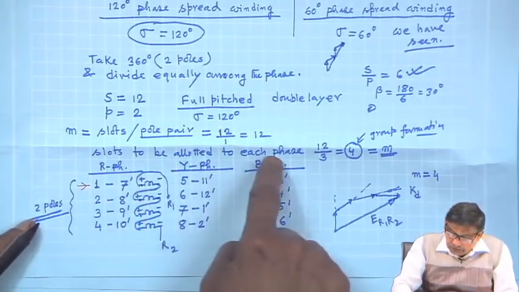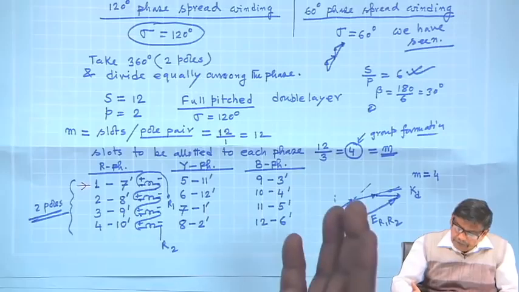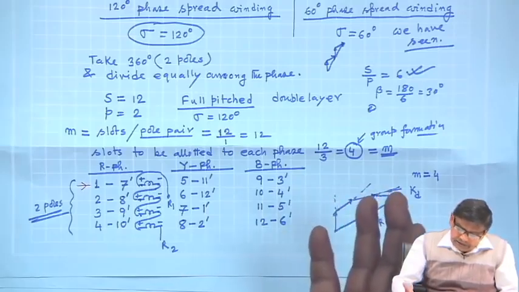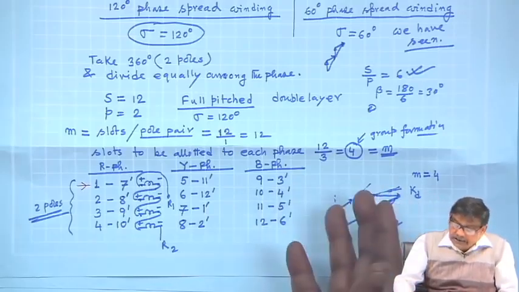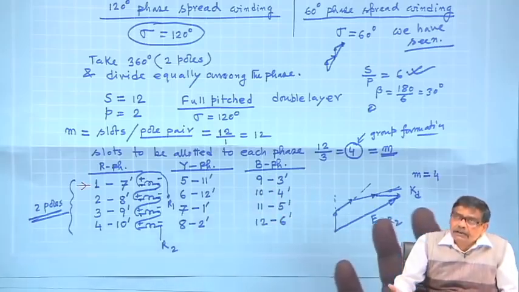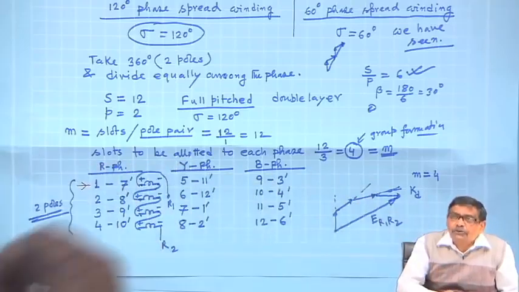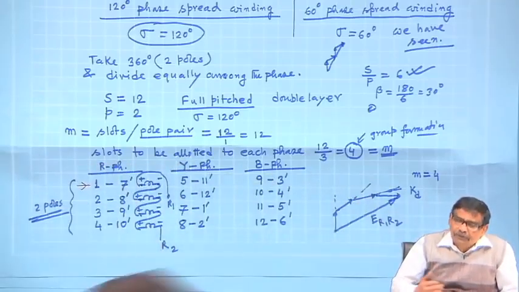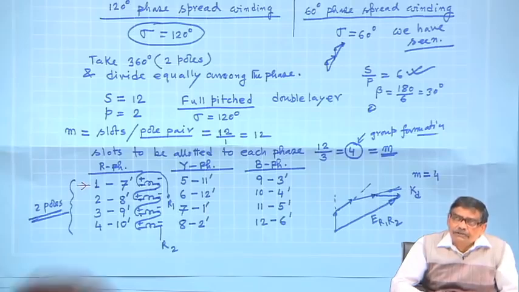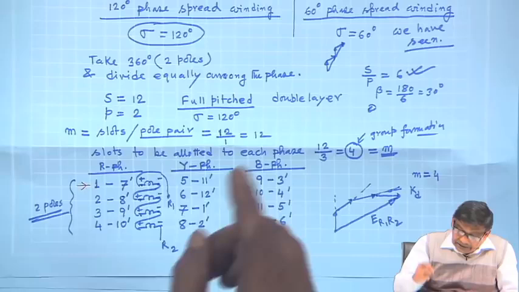Slots to be allotted to each phase globally, if you see total number of slots, whether it is 120°, whether it is 60° phase spread, it looks like 1/3 of the total slots must belong to R phase, 1/3 must belong to Y phase, like that it will be there, but that is not the issue.